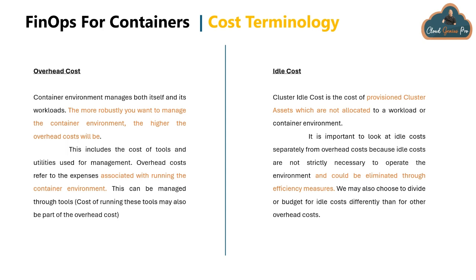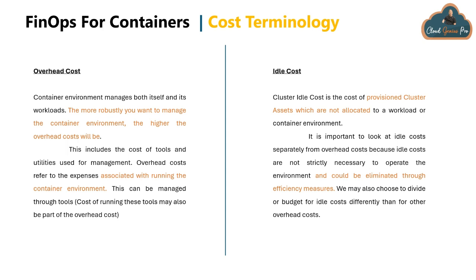Now, the final term is idle cost. Cluster idle cost is basically the cost for the resources which are not getting properly allocated or not getting utilized. So it is important to understand that overhead cost and idle cost are two different aspects.